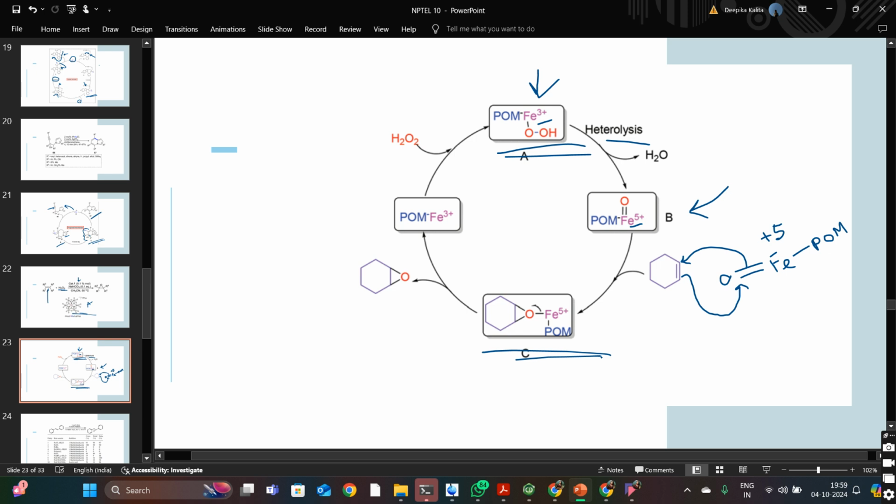Okay, now this bond will cleave to give you the catalyst back, in which the iron is in +3 oxidation state, and this epoxide product we are going to get. Okay, so this is how the epoxidation of the tetrasubstituted double bond is going to take place.